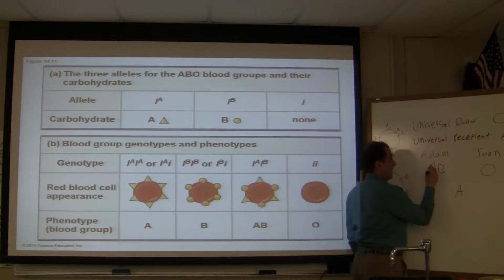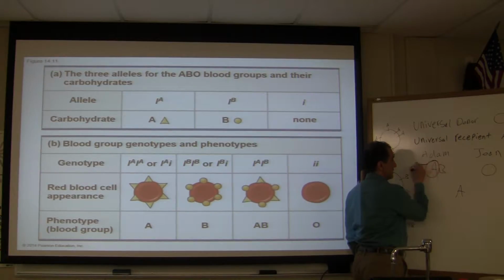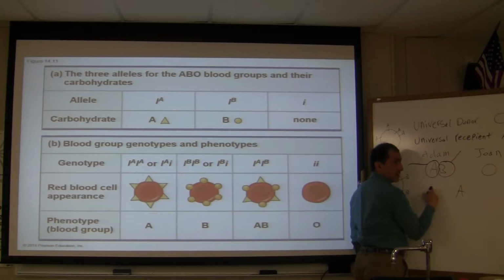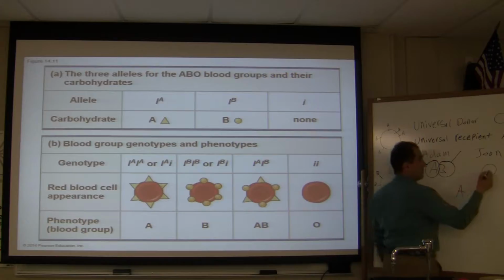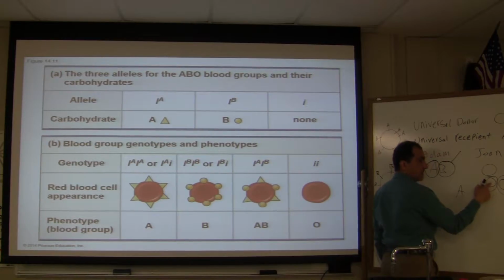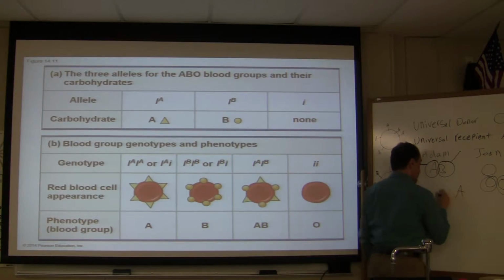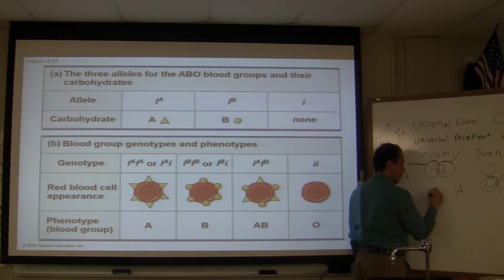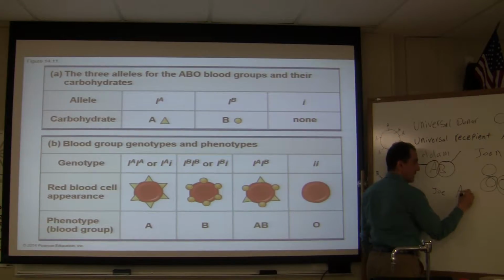Adam's sperm is A or B, that's right, meiosis, genes segregate. And then Joan is blood type O, and of course, right here, that's her egg. One of the possibilities of her egg is O. So the first child, named Joe, is blood type AO.